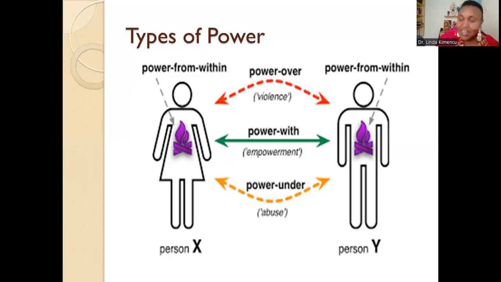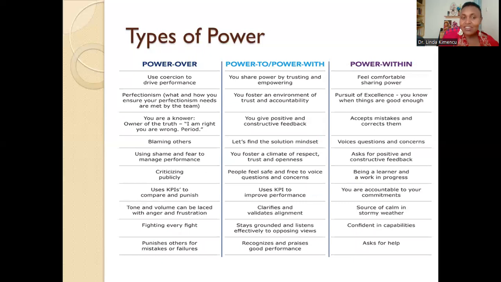So as a leader, for you to ensure that people are actually doing the work and doing their obligations, it's very important that you are able to bring within them the power within, each of us to have their power within so that we can work with each other, that is power with, so that we can be able to change our organizations for the better, that is power to change. So these are some of the differences between the different types of power, the power over, the power to, and the power with, and then there's the power within.